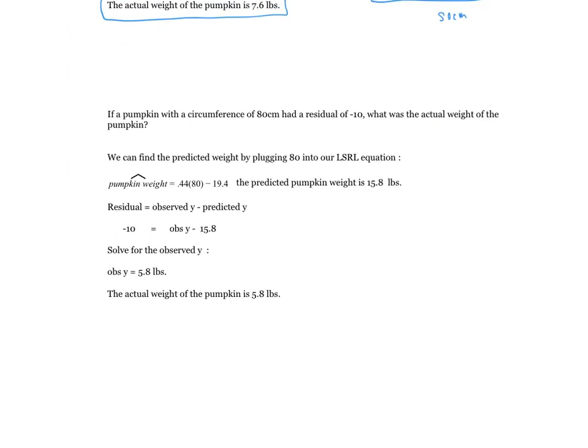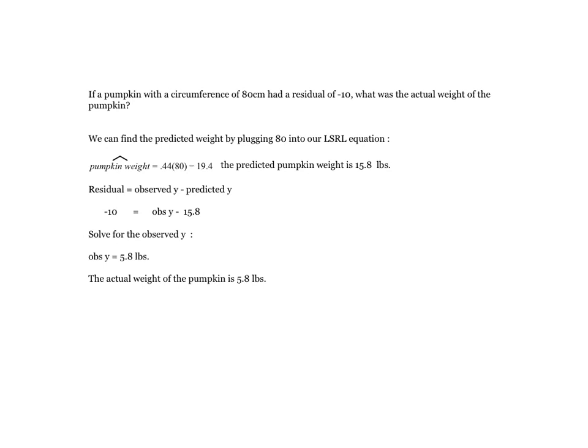Here's another example. If a pumpkin with a circumference of 80 centimeters had a residual of negative 10, what was the actual weight? So again, we could draw a quick picture. Predicted line, circumference of 80, that doesn't really matter where you put that. Okay, so that'd be the predicted weight, but this pumpkin has a residual of negative 10, which means the actual pumpkin was 10 pounds less than predicted.